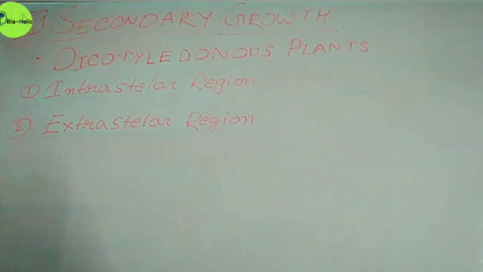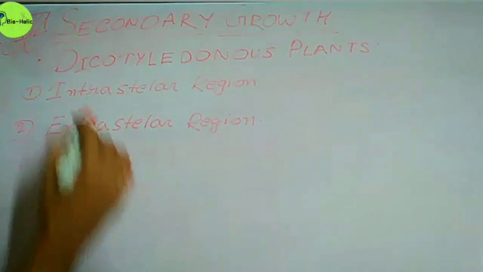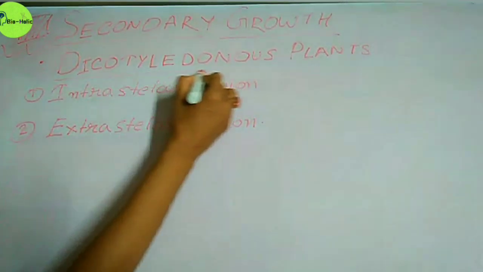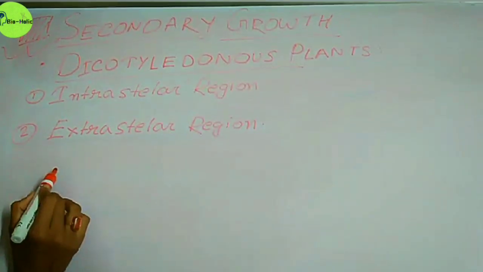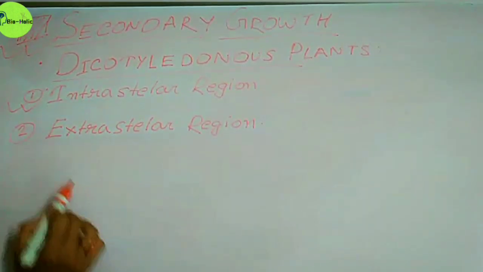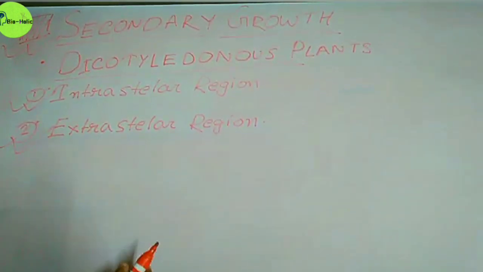Now we will discuss about the secondary growth in plants. In dicotyledonous plants, this can be seen in two parts, the intrastellar region and the extrastellar region.